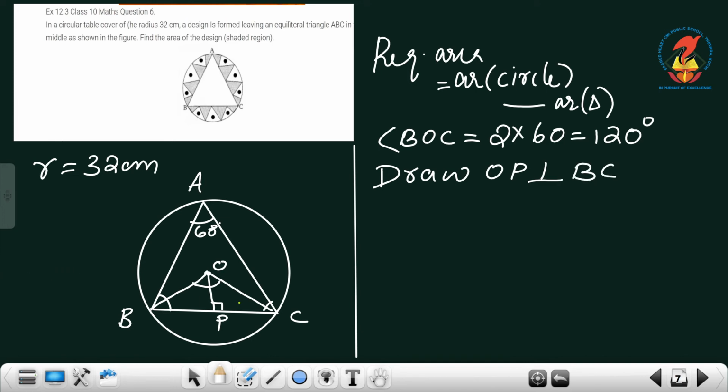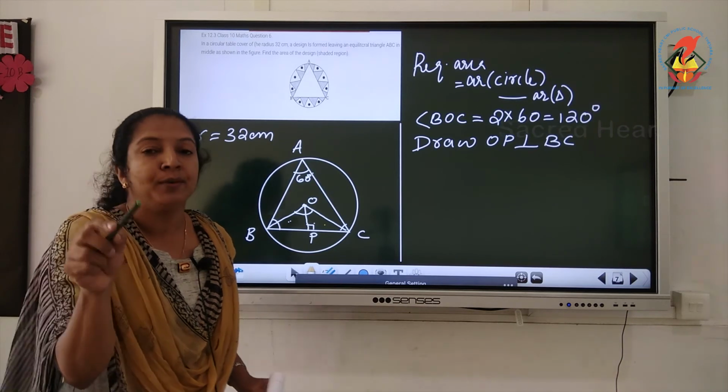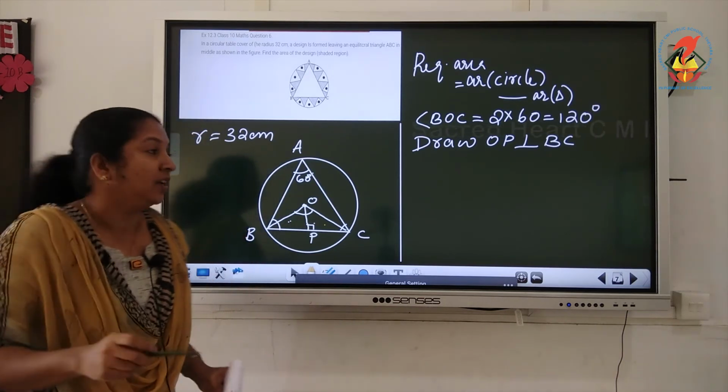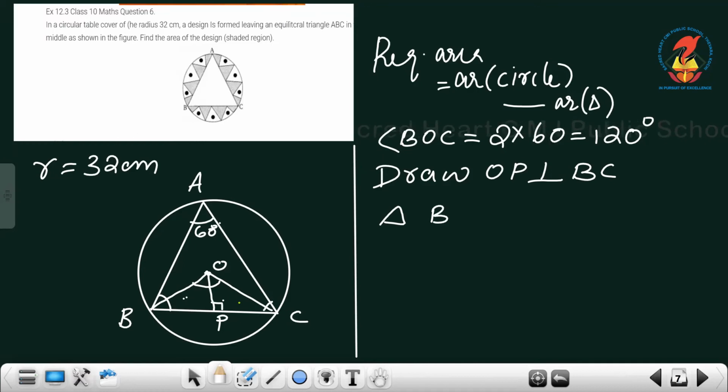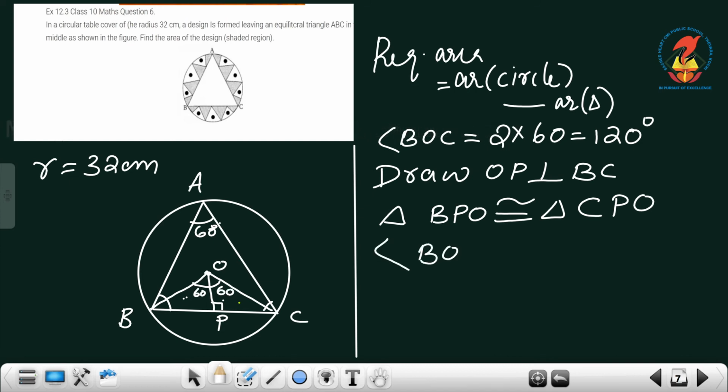If OP is perpendicular to BC, we have already learned these two triangles are congruent using the RHS criterion. So, triangle BPO is congruent to triangle CPO. So, each of these is equal to 60 degree. Angle BOP is equal to angle COP is equal to 60 degree using CPCT.